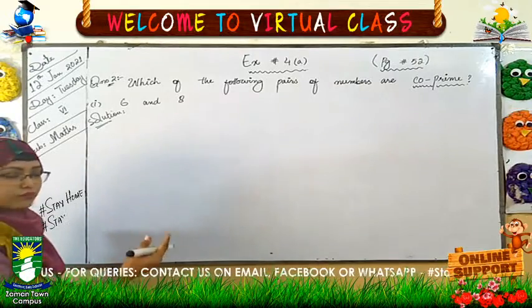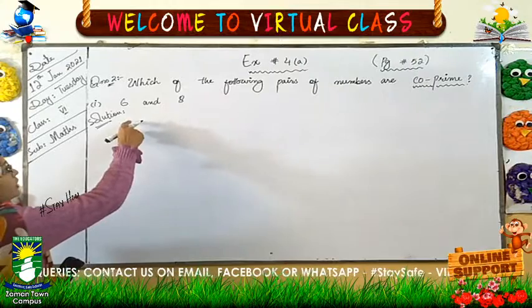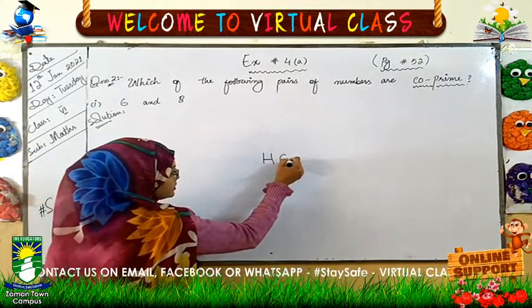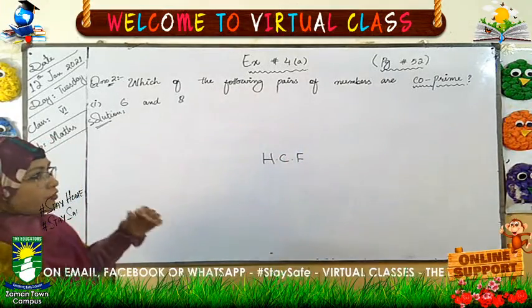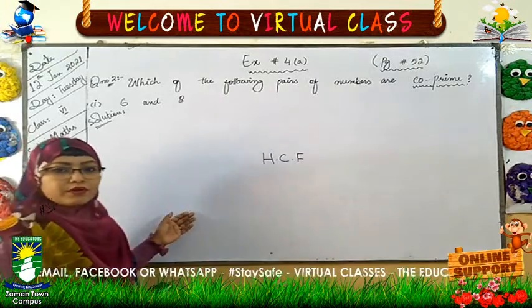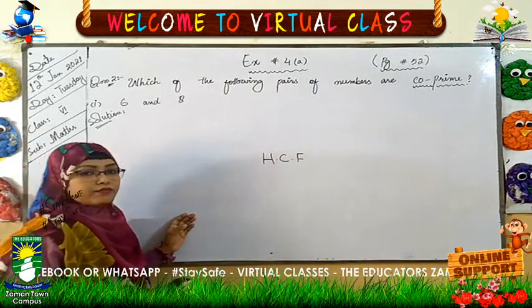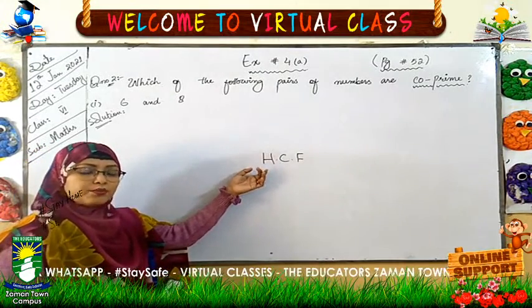How would you solve the questions in your copies? We will first find out the HCF. For every question, to decide whether the pair of numbers is co-prime or not, we have to find the HCF, because the HCF will decide whether the pair is co-prime or not.